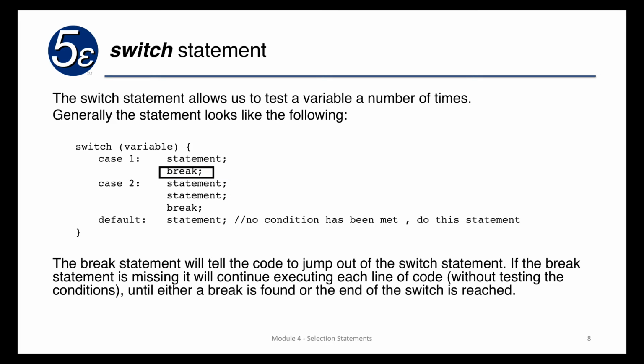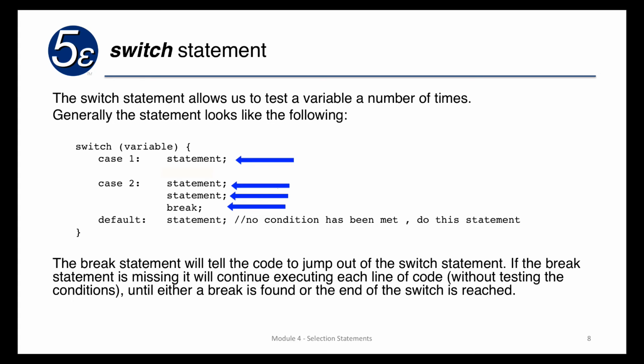So if this break was not here and variable was 1, it would execute this statement and then the next one under case 2 and then that one under case 2, and then it would hit the break and jump out. So it's normally good practice to have the breaks in unless you know that you wanted to do a certain set of statements that are connected if it's case 1 and case 2.